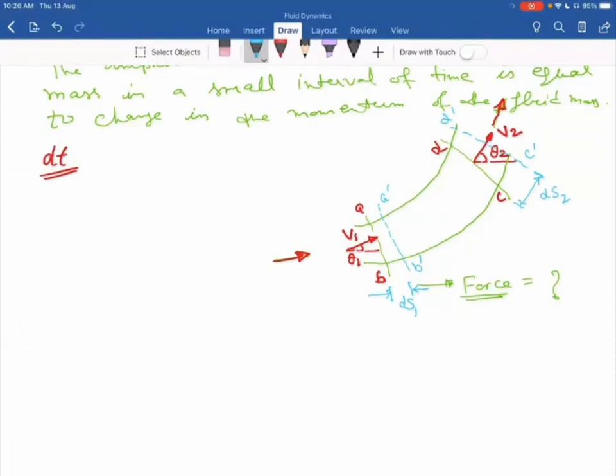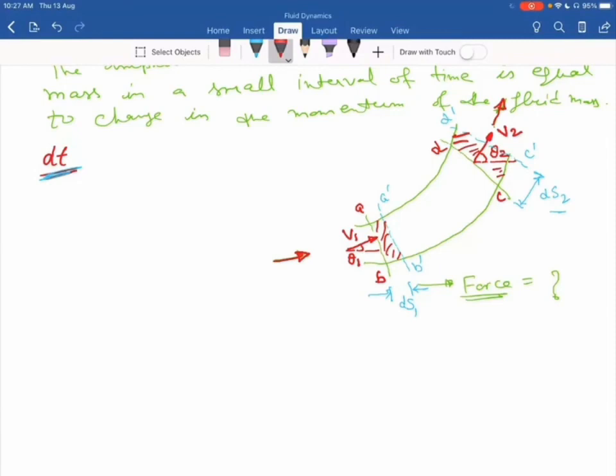The liquid that was at section AB, after time dt, moves to A dash B dash. This movement is with respect to velocity V1, and section CD moves to C dash D dash, with distance ds2. This is for a very small time dt. Now I am writing the mass: the fluid mass entering is this one, and the fluid mass leaving is this one.